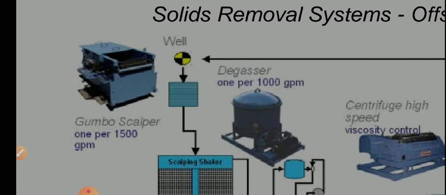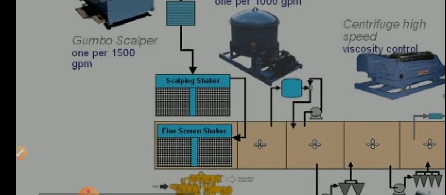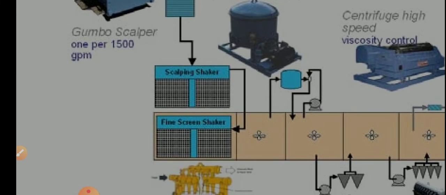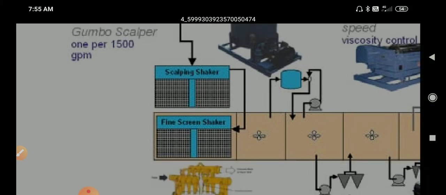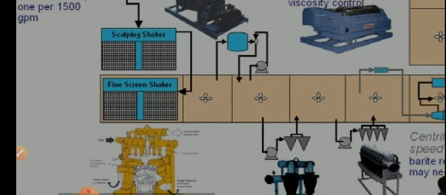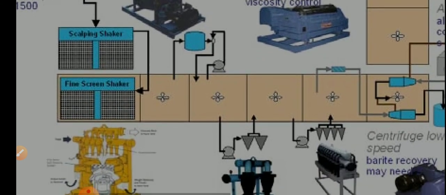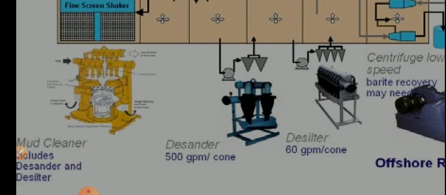From that well the mud is screened, then goes to shaker 1, the fine screen shaker. First it is a normal screening, after that it goes to the fine screen, and then it moves in this direction to the desander.